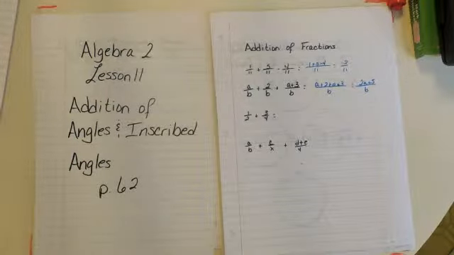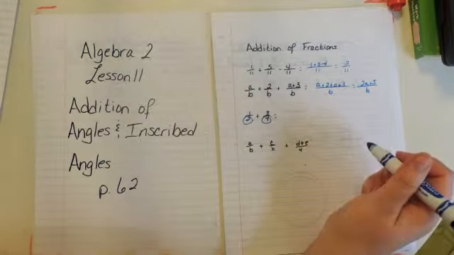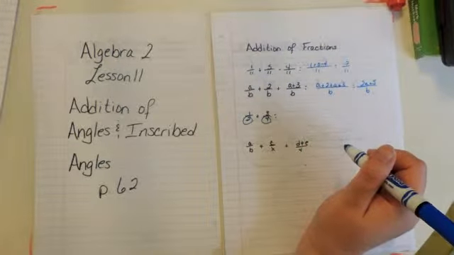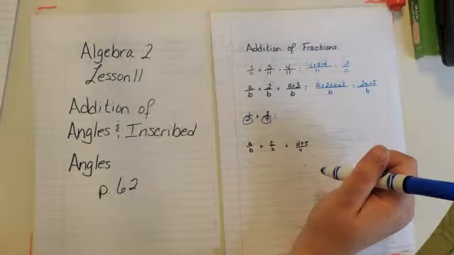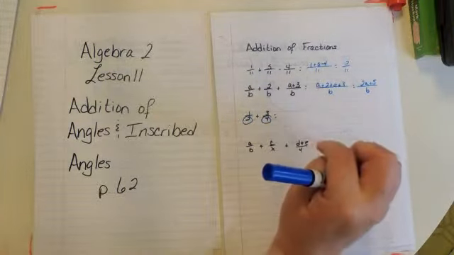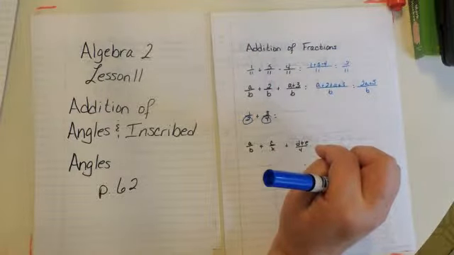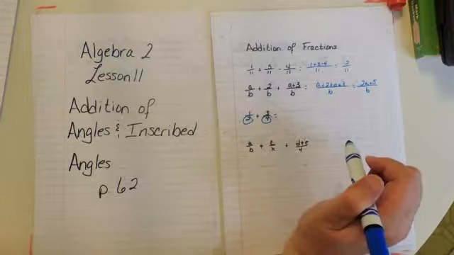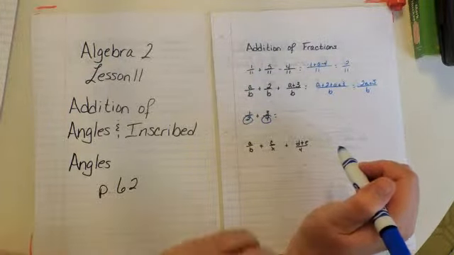We can't add them together right now because the denominators are different. So we find the least common multiple. In this case, the least common multiple would be 4. This side is already 4. We can't change the value of either fraction, so we have to multiply times 1 so that the value doesn't change.